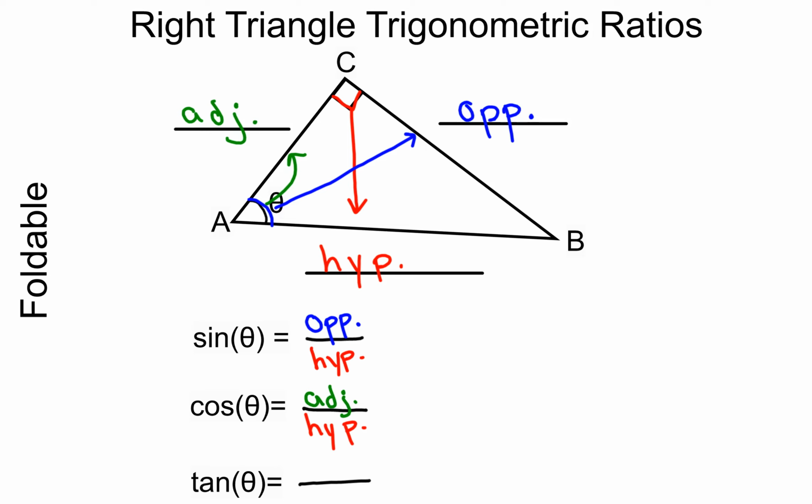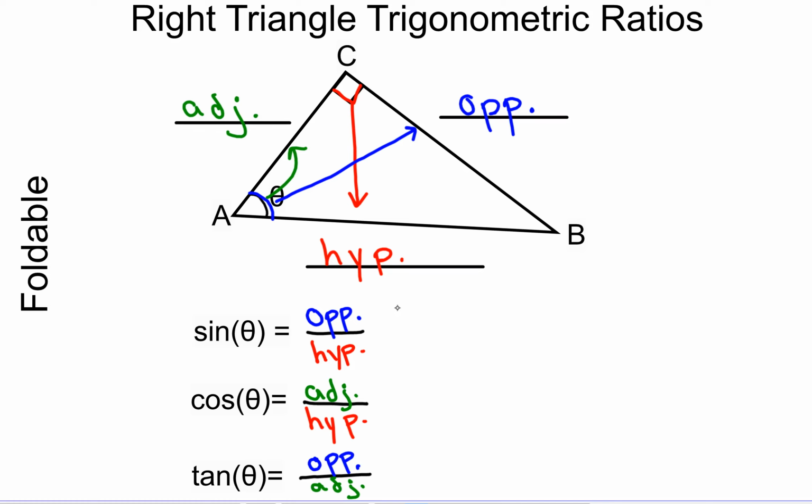The tangent is going to be the opposite over the adjacent. Okay? So those are our three trig functions, sine, cosine, and tangent, and these are the ratios that they will equal. We need a way to memorize these three ratios. So pause the video now before I move on. Make sure you got all that down. If you got it, let's keep going.